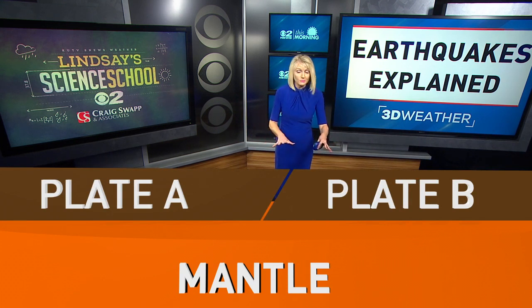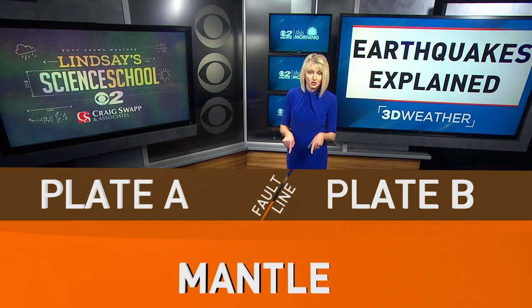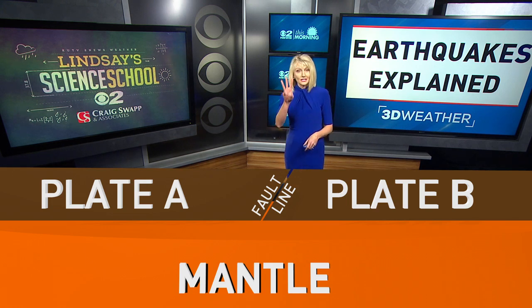Now the plates actually sit on top of the mantle. And because the mantle is liquid, those plates can shift around just a little bit. So here's 3 different ways that those plates can shift around. By the way, I should mention to you that where those plates come together is called a fault line, and that's where earthquakes happen. So let's talk about those 3 different types of earthquakes.